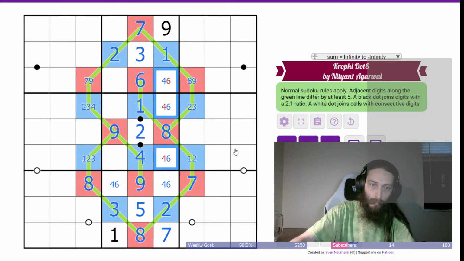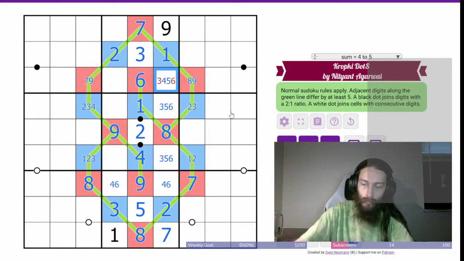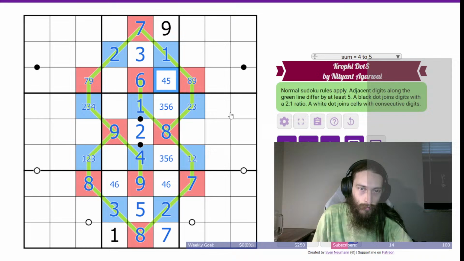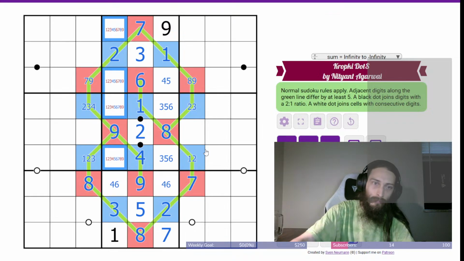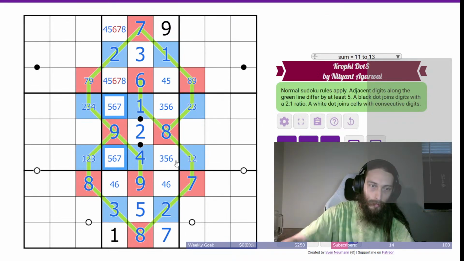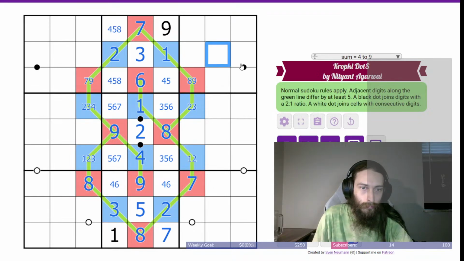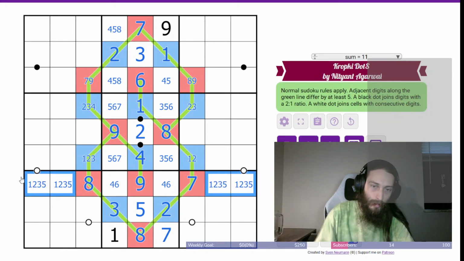What's left over in this column? 4, 6, 5, and 3. 2, 9, 3, 1, 4, 8, 6, 7. 1, 2, 3, and 5.